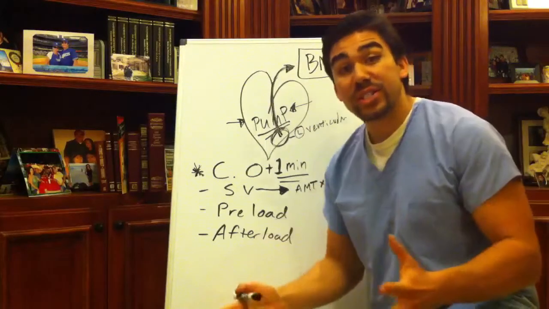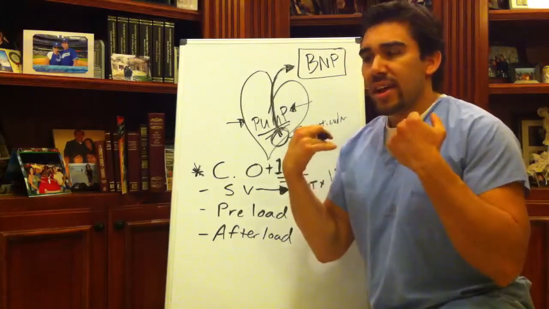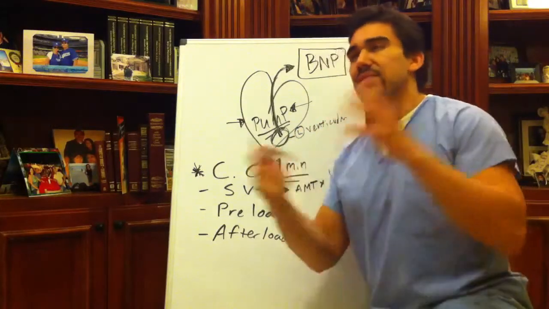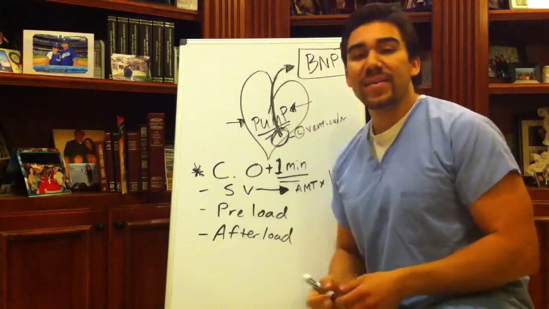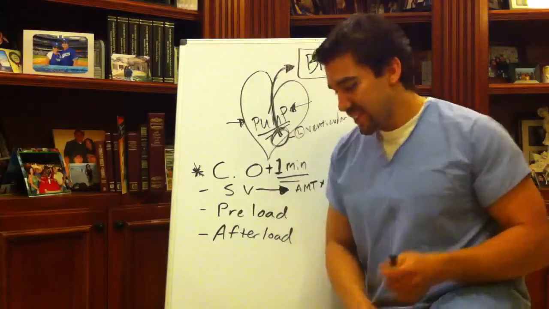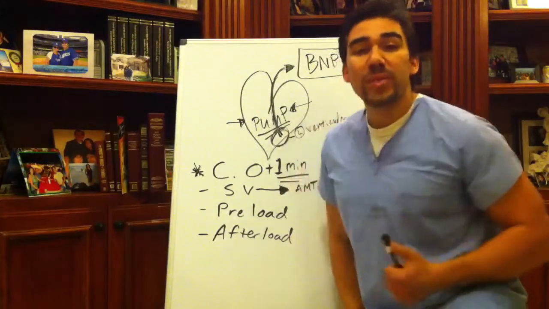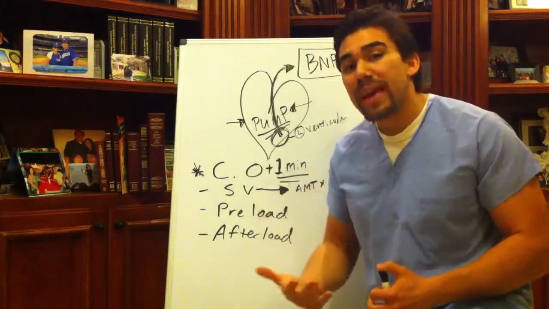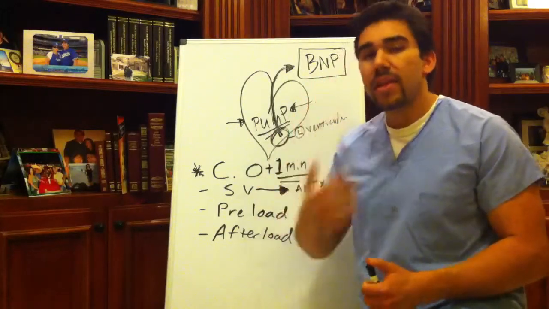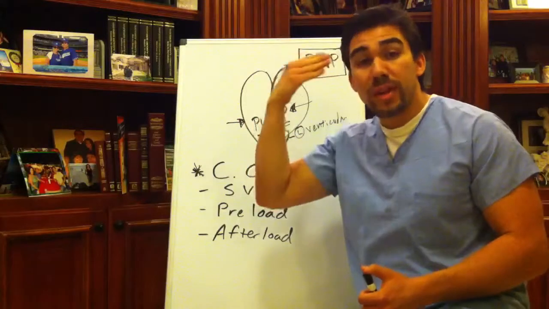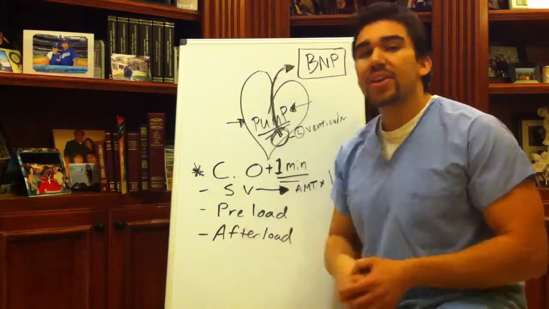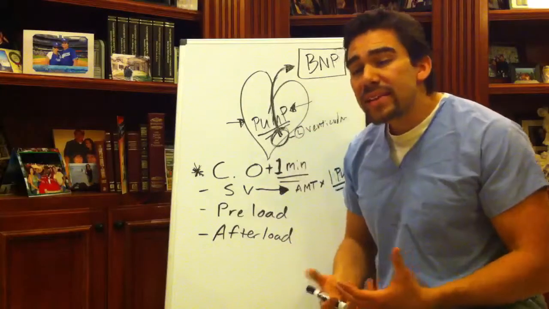Now, I get a lot of questions about this because I have students asking me, brain natriuretic peptides, okay, first of all, what is that? We're not taking a Spanish class, right? But brain natriuretic peptides is a compensatory mechanism from the brain, where the brain is trying to communicate in the brainstem to the left ventricle saying, hey, you're getting hyperinflated.